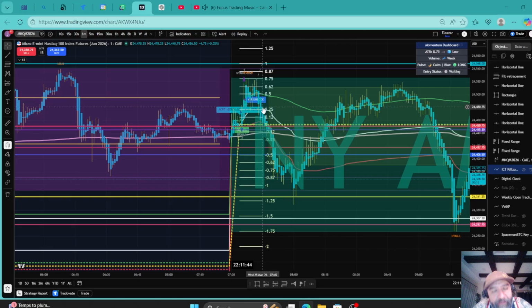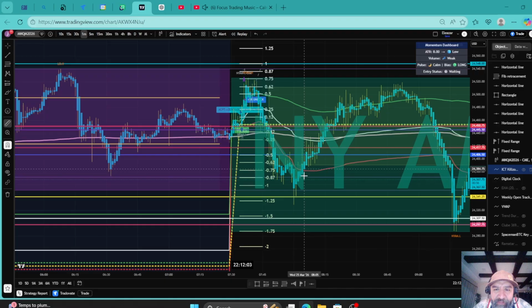But what I've noticed is once it gets out and it starts coming back in, this is where I would enter. And today I did enter somewhere around here. I decided to target just a simple white line, and it was about 40 points, more or less.